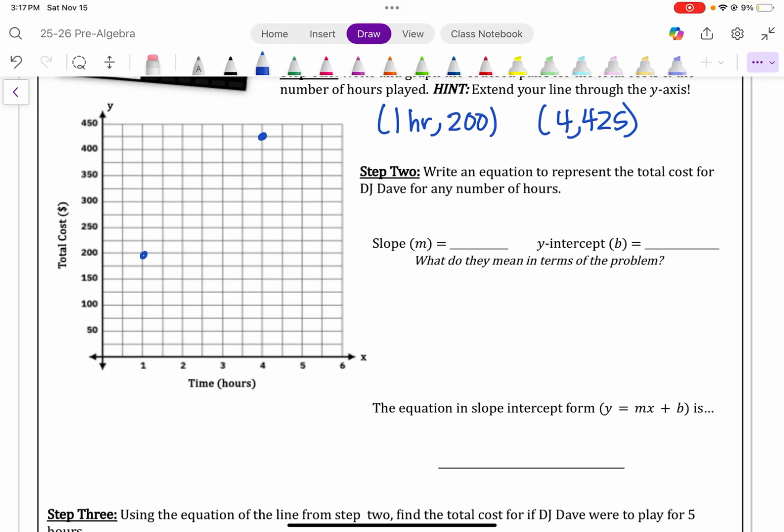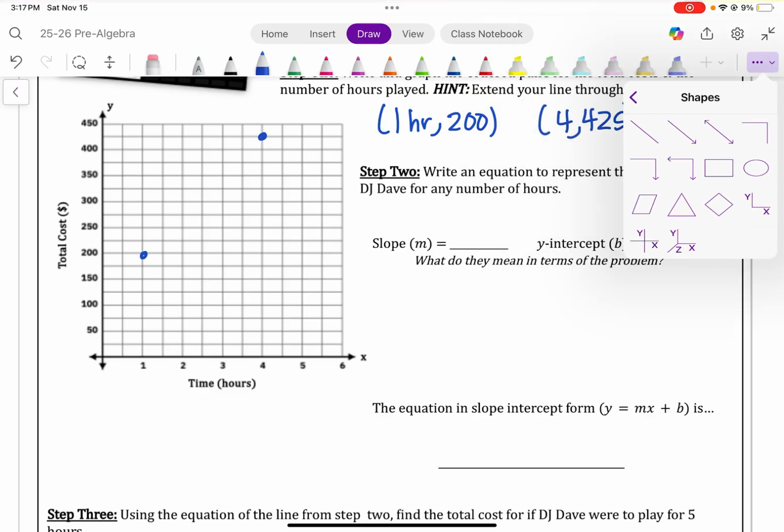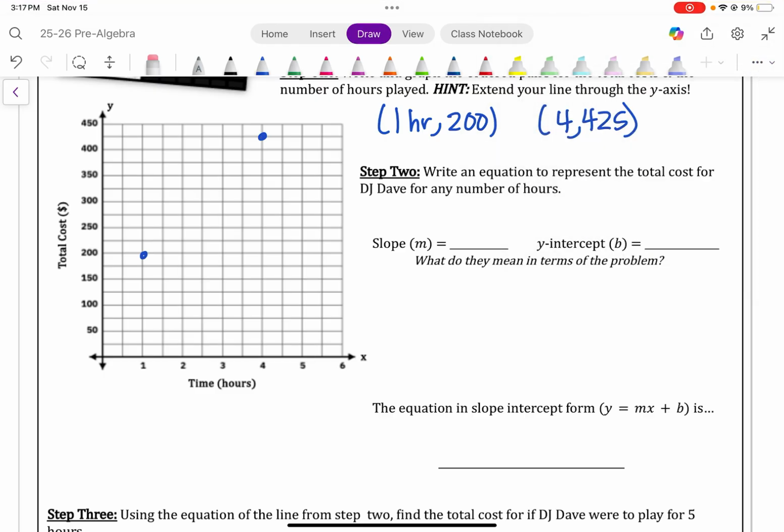And it's really important to use your straight line tool here. We're going to connect those with the straight line tool, and extend it through our y-axis, just like that hint told me to do.